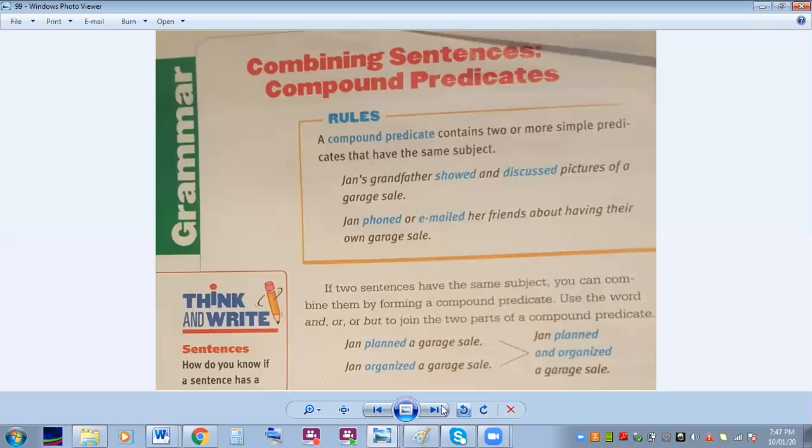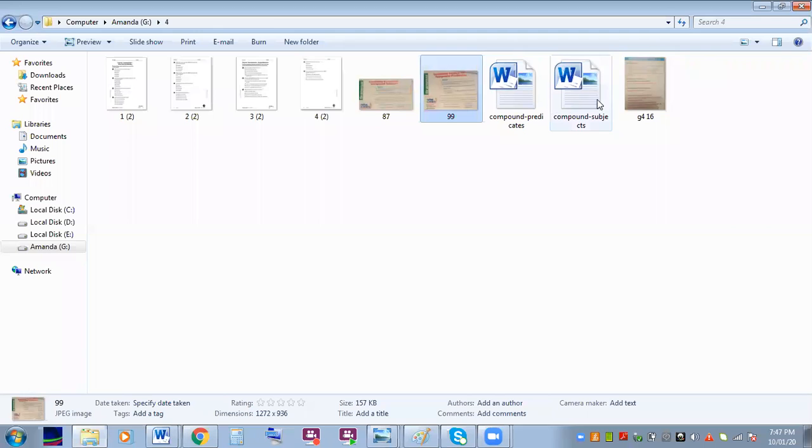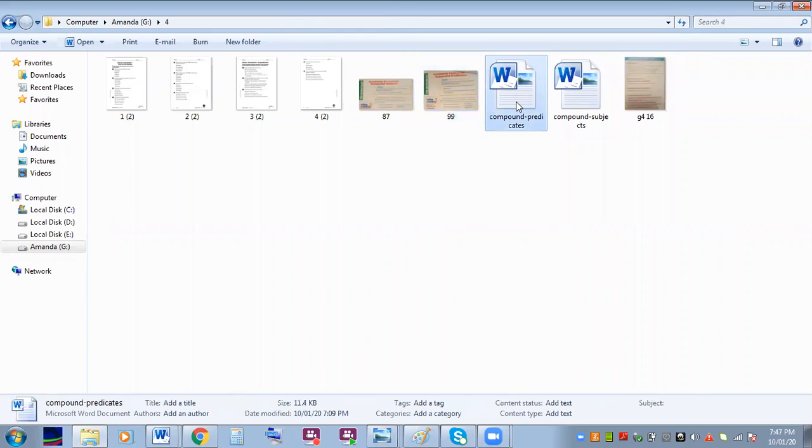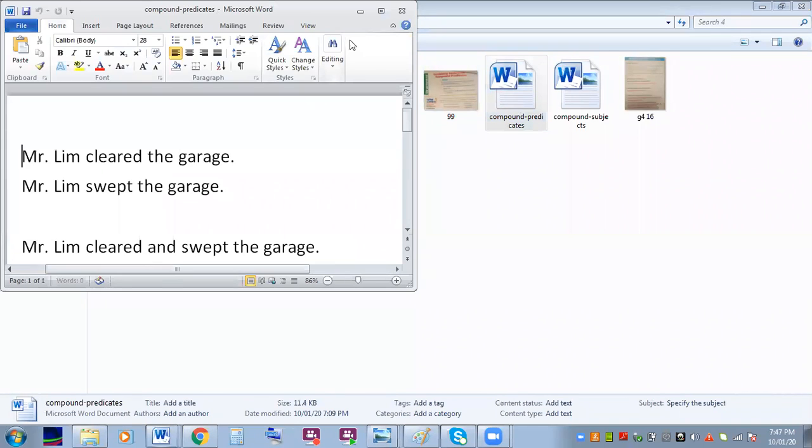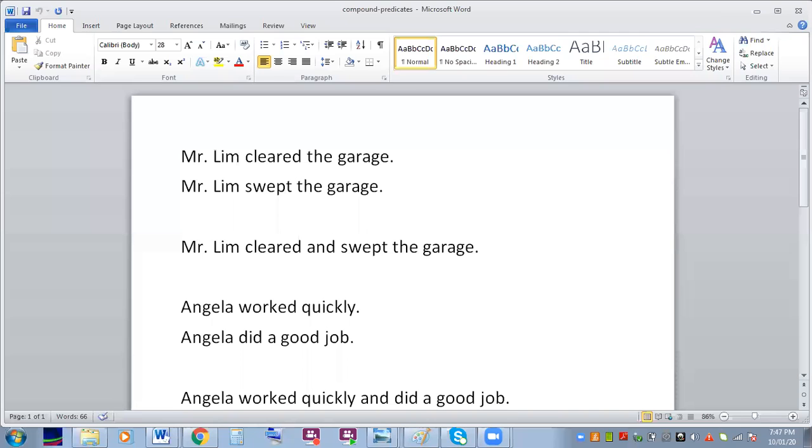Okay, let's do a couple of examples. All right. Why is this small? All right, there we go.